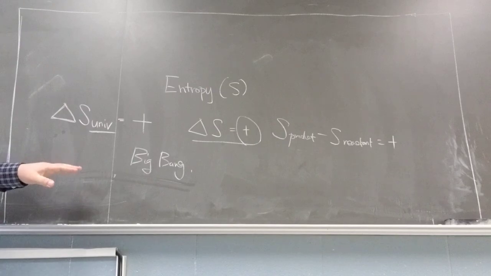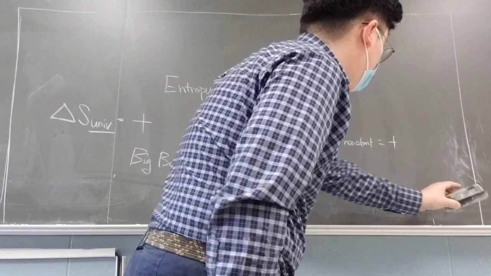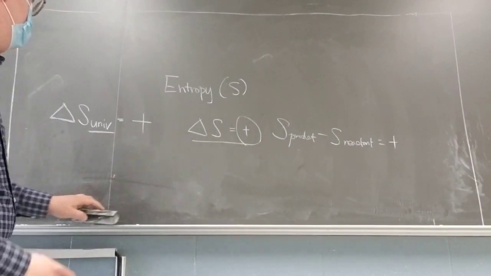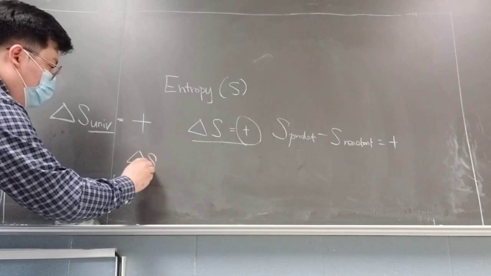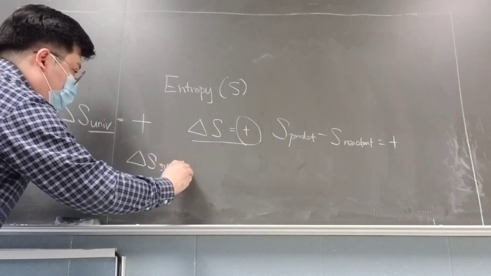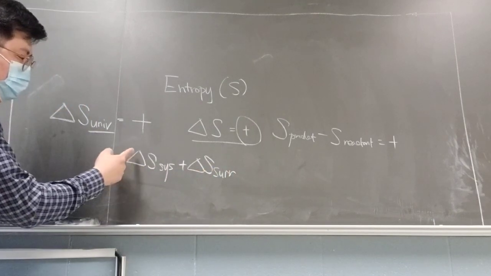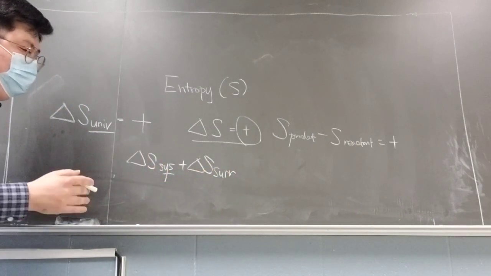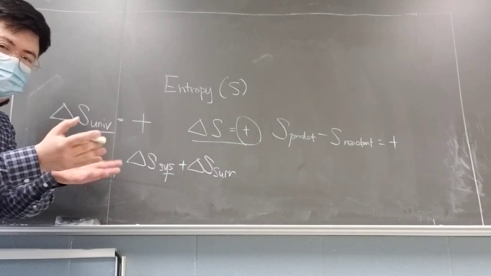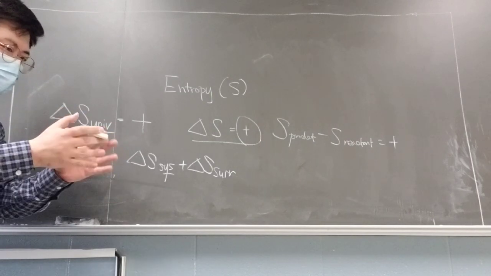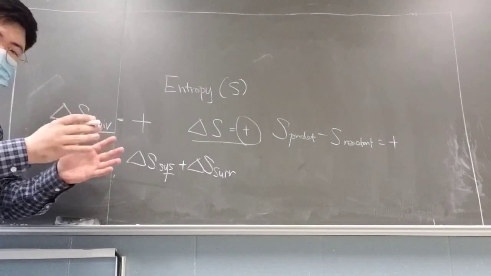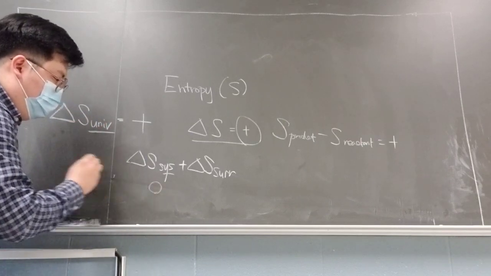So this is actually coming from here. This is the change in entropy of the system. The system means a very small reaction, certain elements or molecules doing some chemical reaction. That's a very small part of the universe.